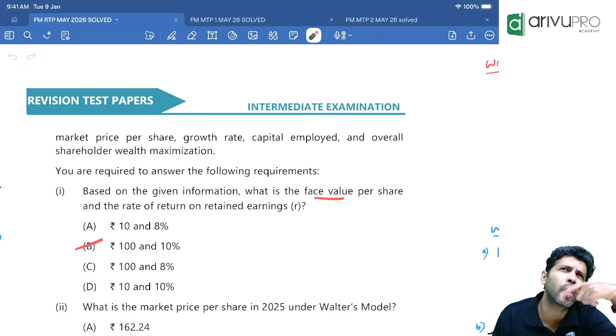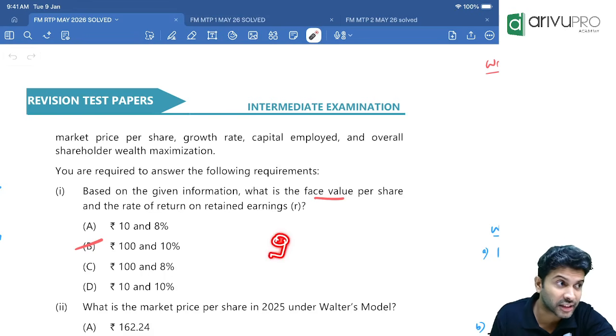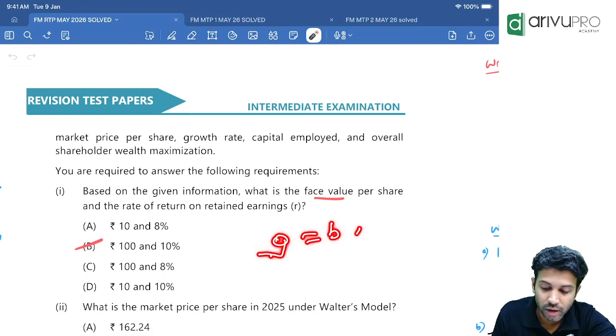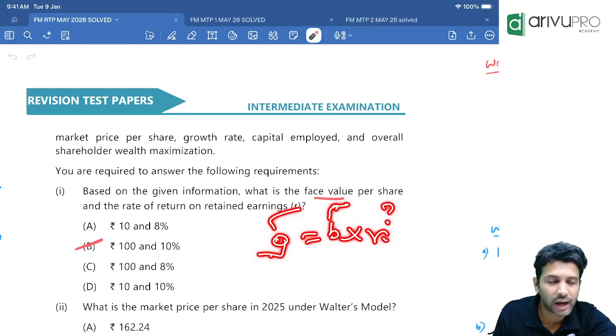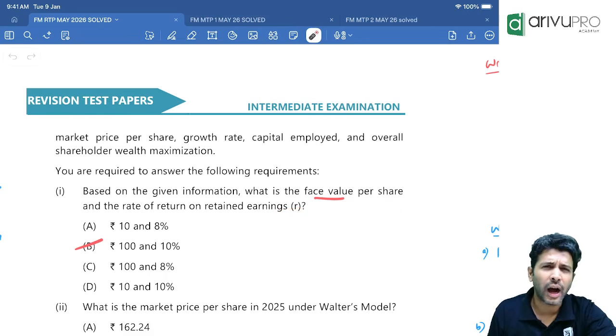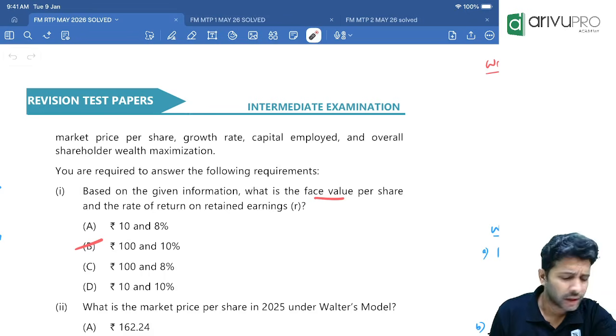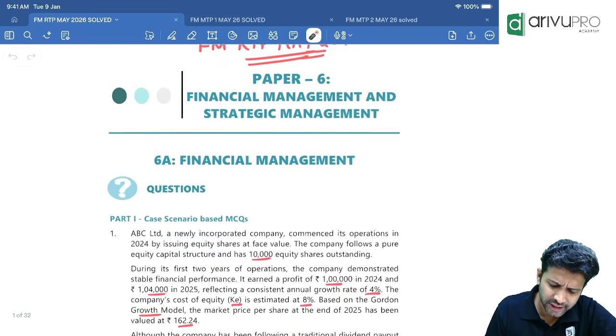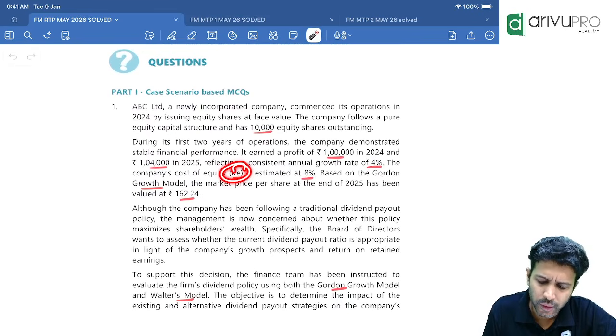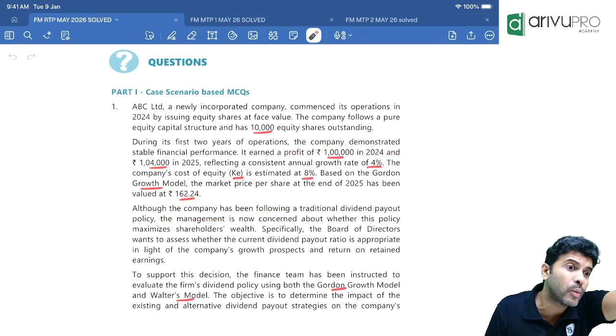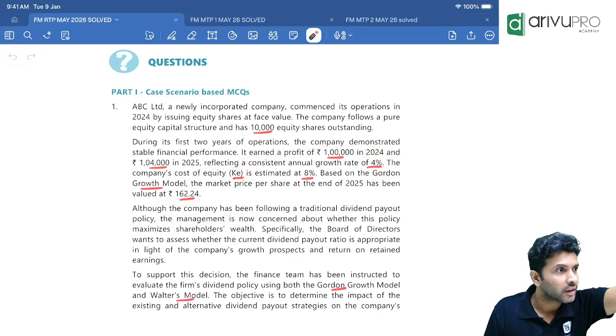Now, how can I get R? Is there any formula that targets R? Growth rate is given, keep that in mind. G is equal to B multiplied by R. G is available. If somehow you can find B, the retention ratio, R also you can figure out. Using the cost of equity, growth rate and price of the share, I can find D1.